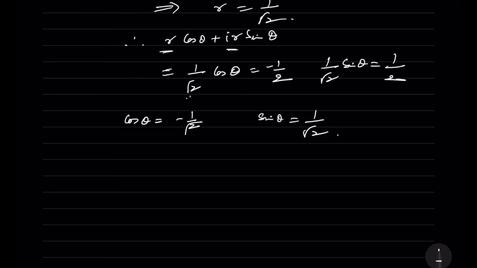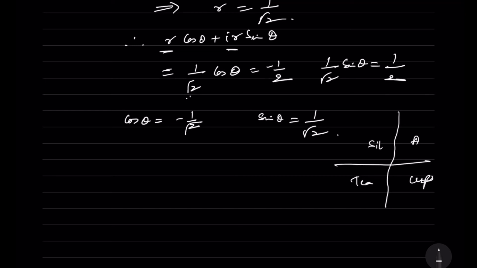So now you know in which quadrant cos is negative: all silver tea cups. Cos is negative in the second and the third quadrant. Here sin theta is positive, so it lies in the second quadrant.